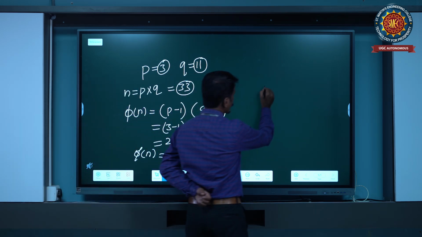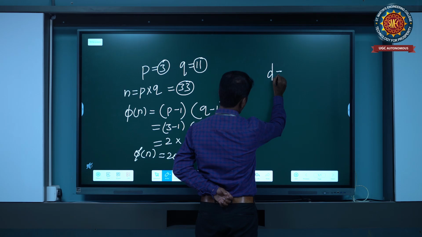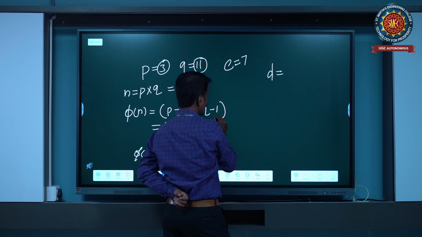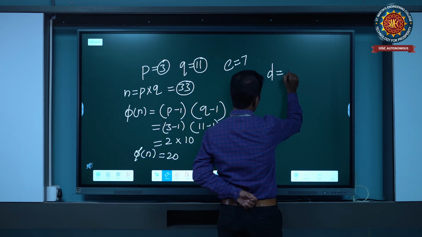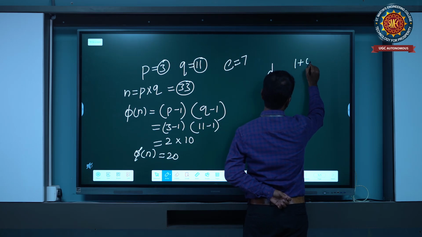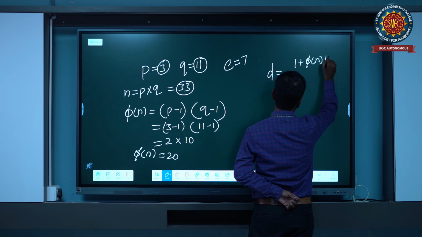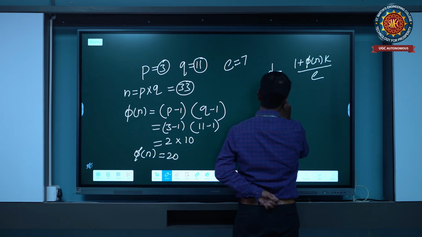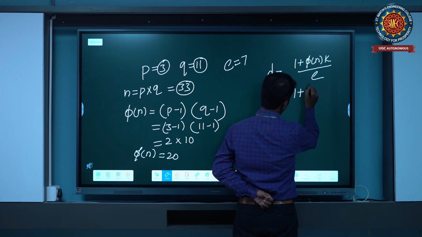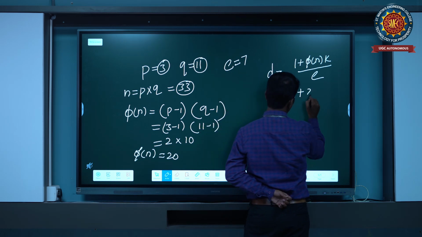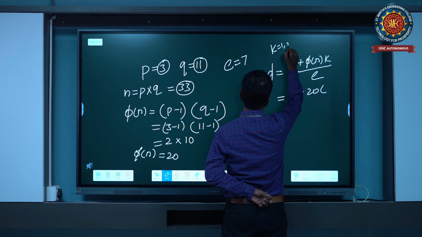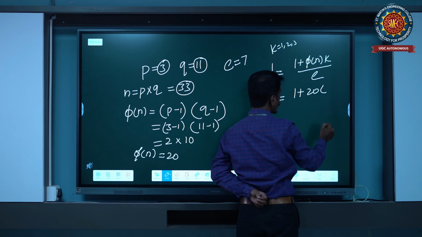Using this we need to identify the d value. The e value we can assign directly, e is 7. Next we need to identify d. The formula is d equals 1 plus k times phi of n, divided by e. So 1, then phi of n, which we already know is 20. The k value we assign starting with 1, 2, and so on, until we find an integer value.